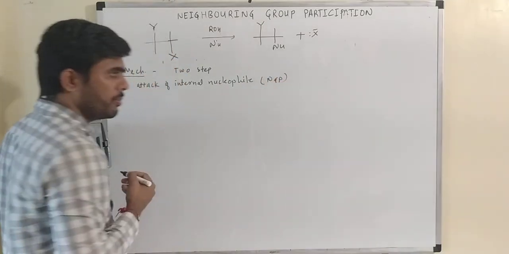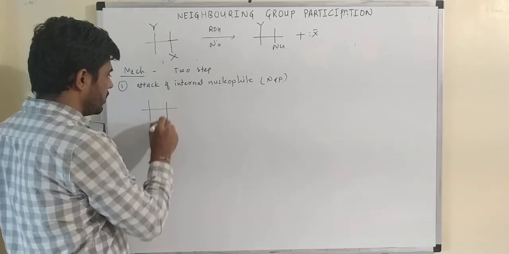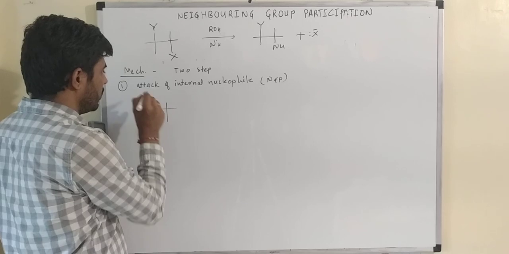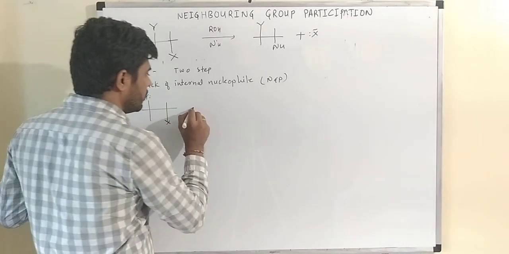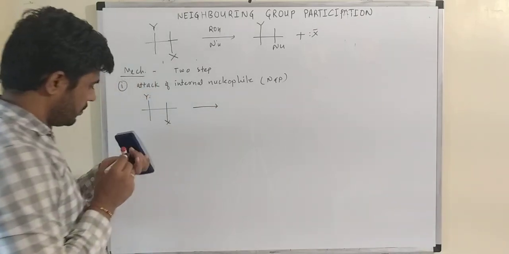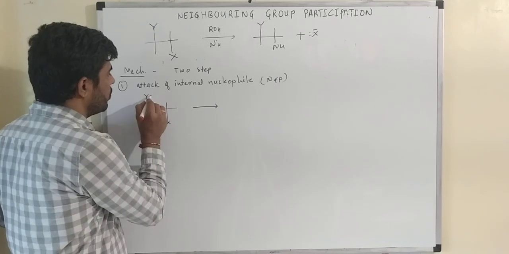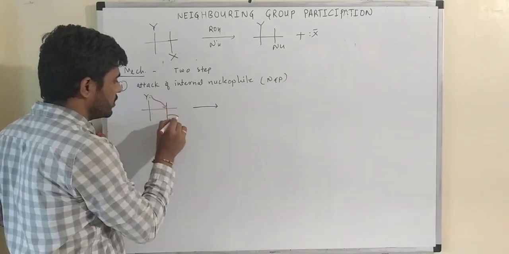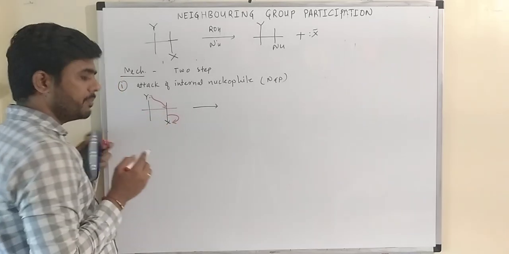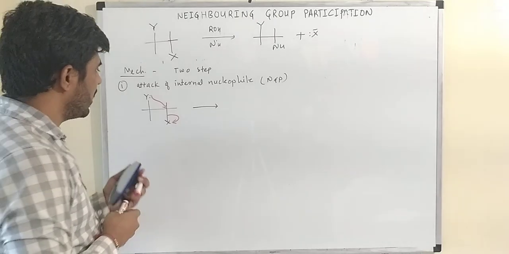So the neighboring group will be participating. Let us consider the example. Y has a lone pair of electrons and X is the leaving group. The lone pair of electrons on Y will attack here, and the leaving group departs with its pair of electrons, forming a bridge ion like that.